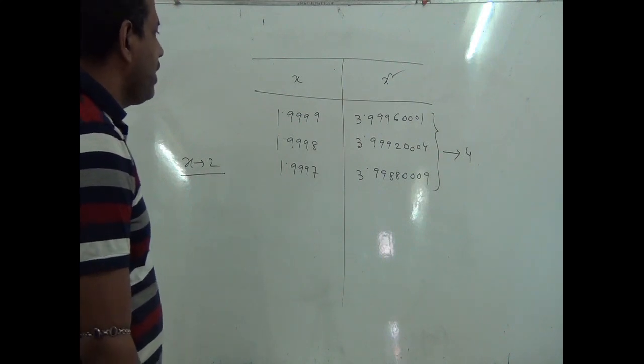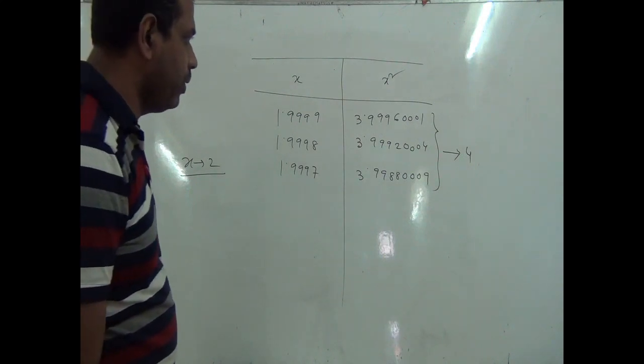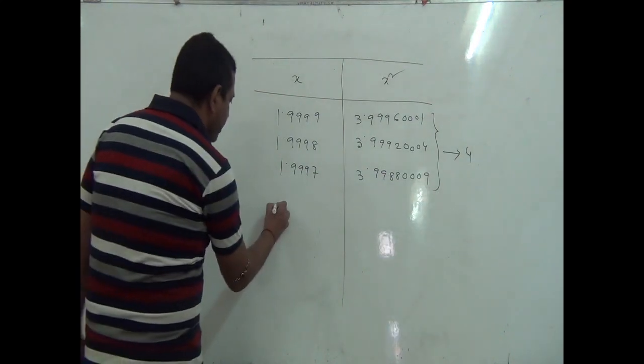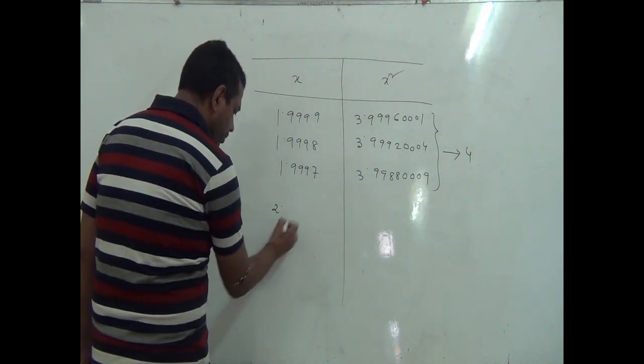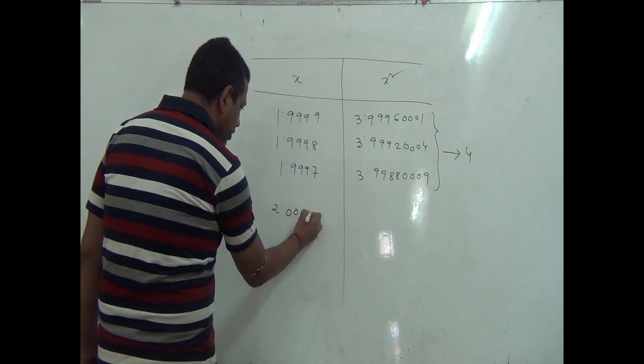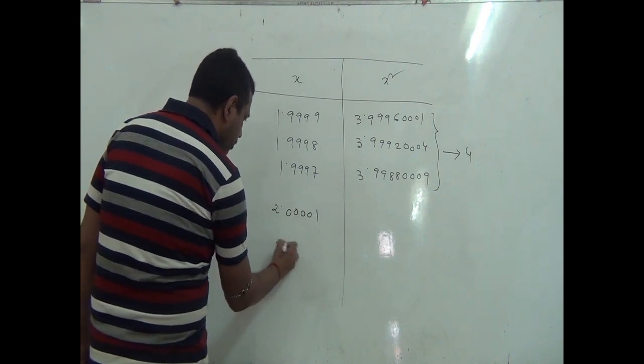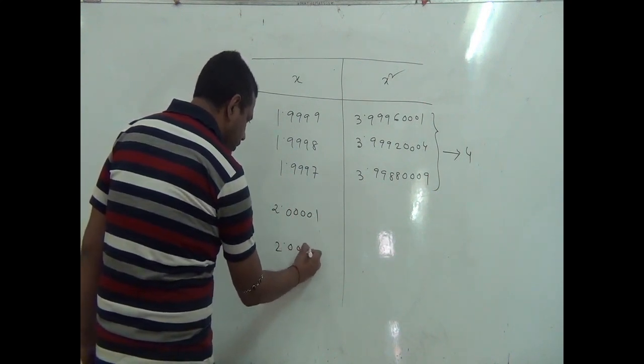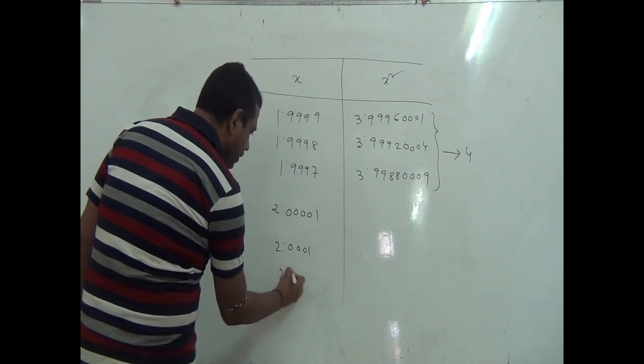Now we take the right hand side of 2, that is when x is greater than 2. Say 2.0001, 2.001.